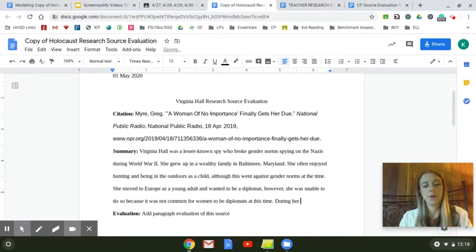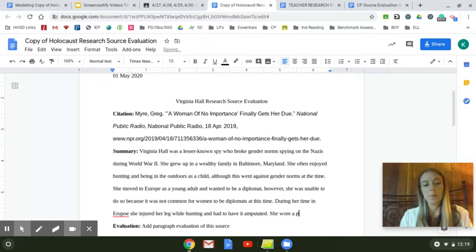During her time in Europe, she injured her leg while hunting and had to have it amputated. She wore a prosthetic leg after that.